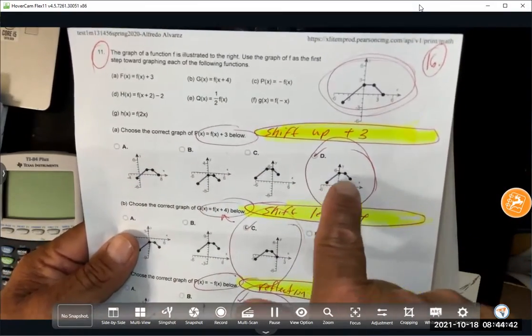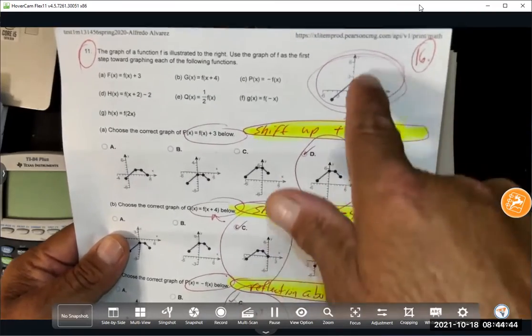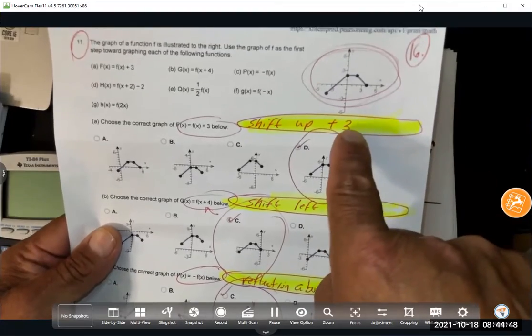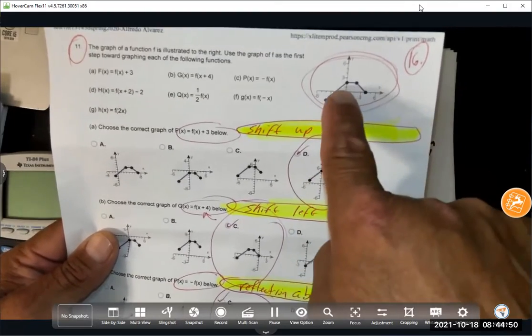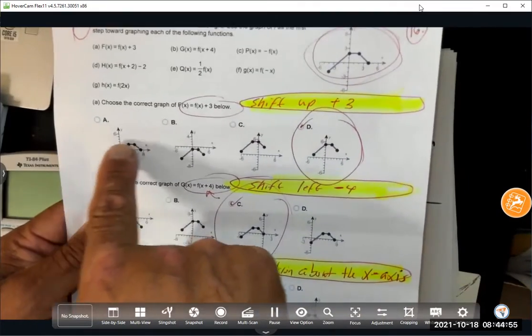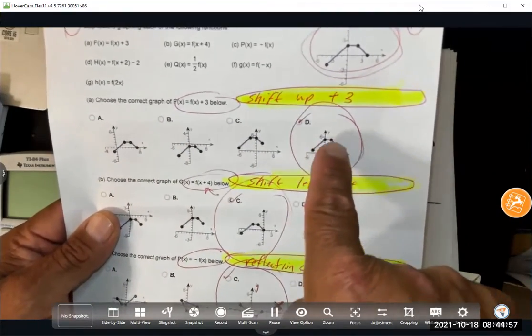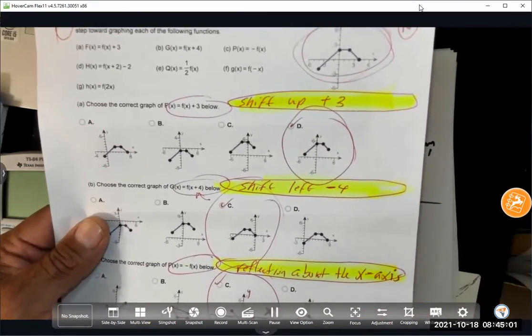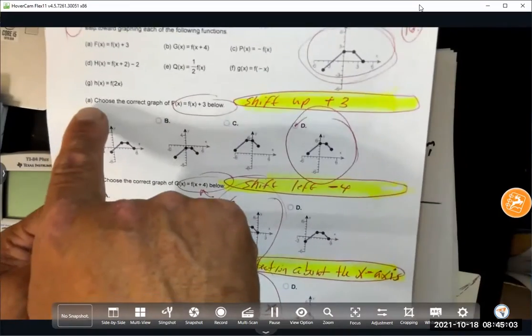The same picture right here, the same shape and everything. What's going to happen is it gets pushed up. How many spaces? 3. 1, 2, 3. Whatever it is right there, put it 3 higher. So when I pick my answers, A, B, C, D, I say, you know what? It's going to be D, because that's the only one that goes up 3 spaces. Does that make sense for letter A? Yes or no?